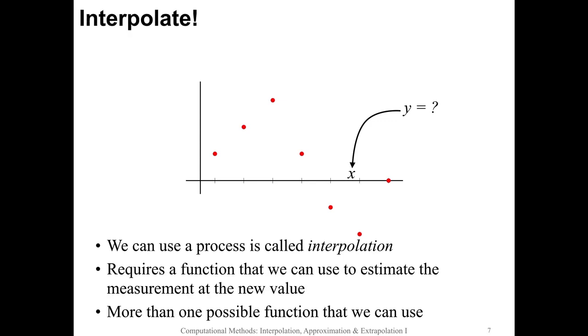If we want to find out the new value at a new location, we can use this process called interpolation. That means that we need some kind of function that we can use to estimate the measurements at the new knot point. There's more than one possible function that we can use, and we can fit lots of different functions to these data.